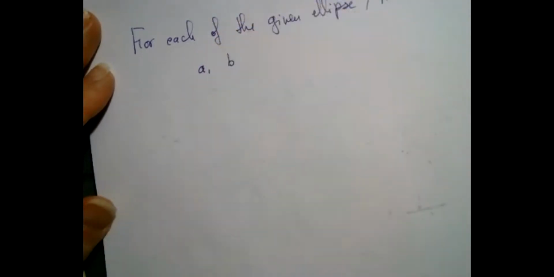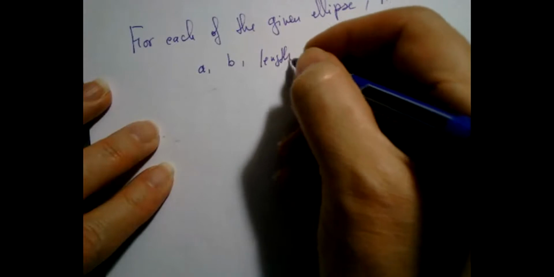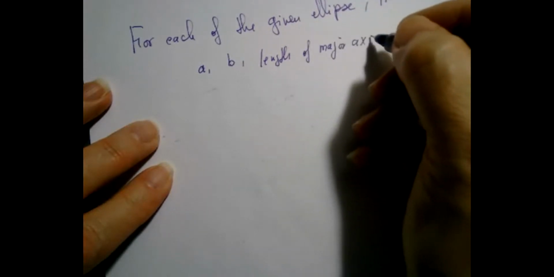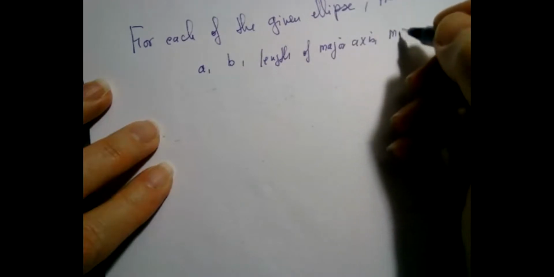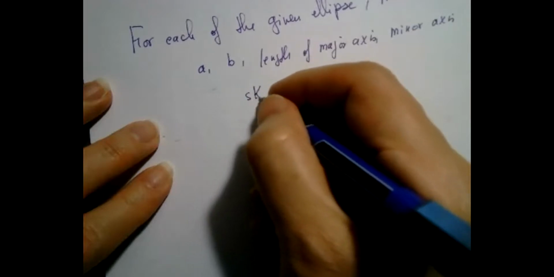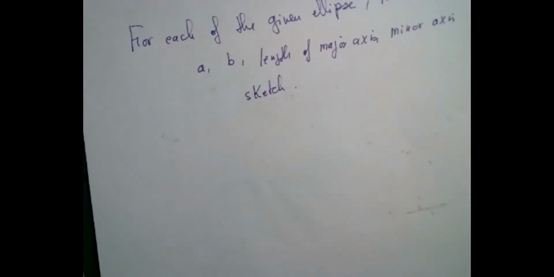The question is, find what's the A, find the B, so we can recognize the formula, and the length of the major axis and minor axis, and sketch. So we're going to take a bunch of equations and we're going to do them.